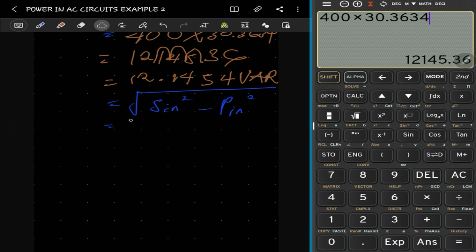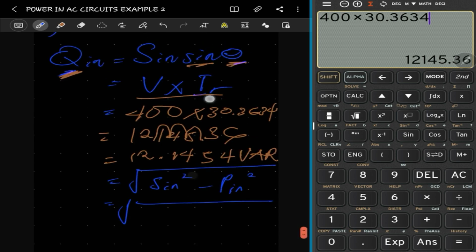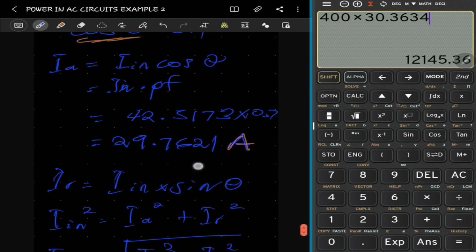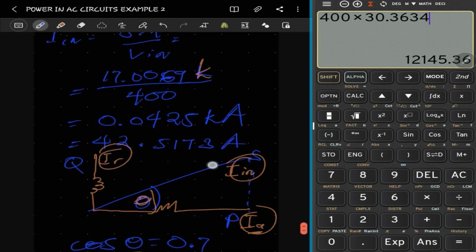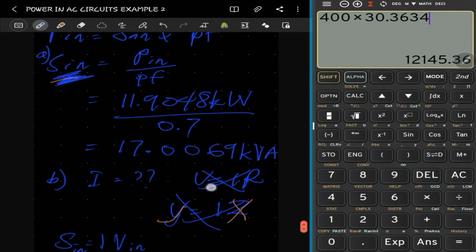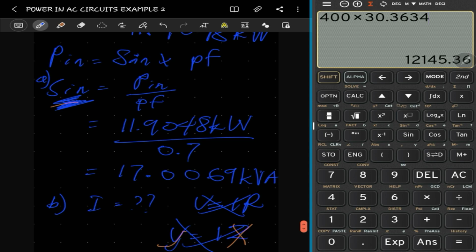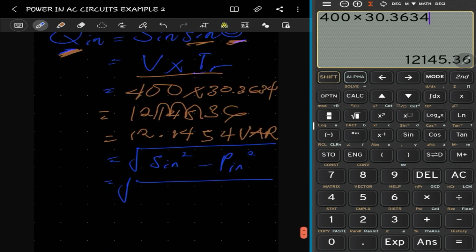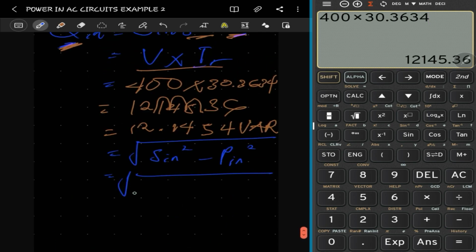So we have the square root of S in, which I think was 17 point something. Is it S in? Yeah, 17.0069 kilo.